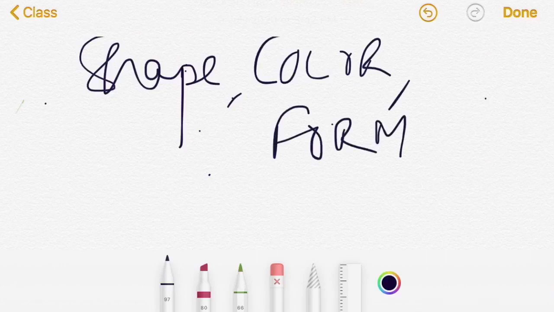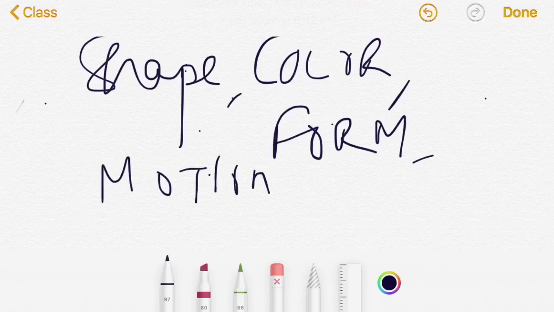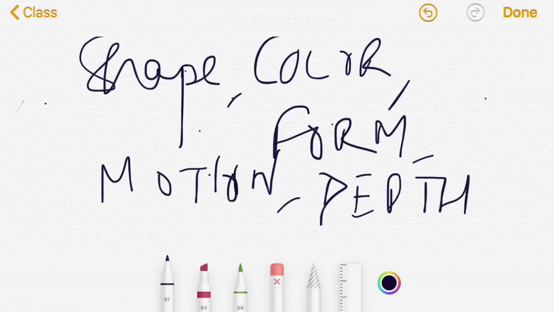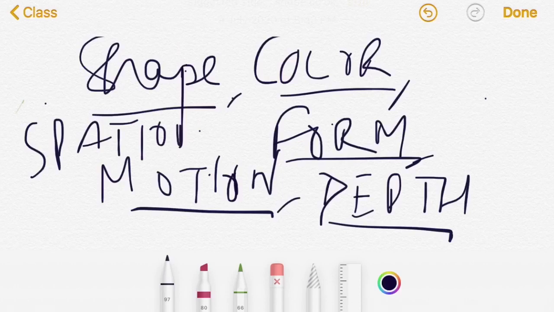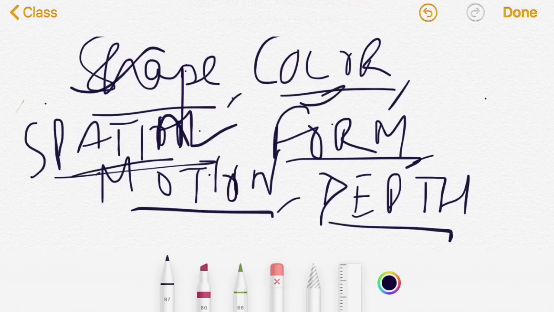Then if there is any movement or motion, and depth of any particular field. So, all these, like shape, color, form, motion, depth, and the spatial information, like what is the location in space, about that particular object.